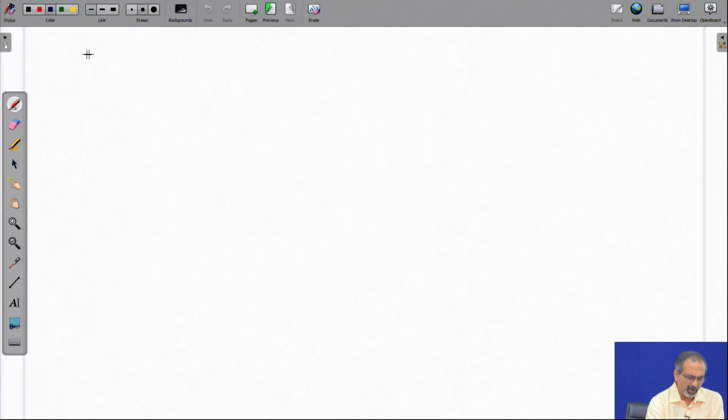Let us do a small problem where we can do a bit of an estimation of airfoil drag by considering some simplifications.